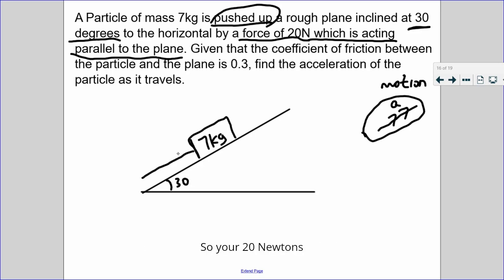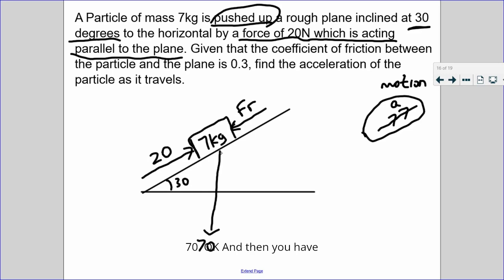So your 20 newtons is acting this way, pushing up. Because the particle is being pushed up, friction will act opposite, which is this way. And the other force we have is the weight, mg, 7 times 10 is 70.